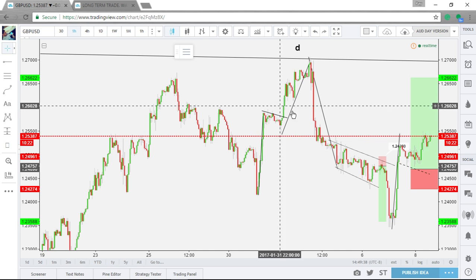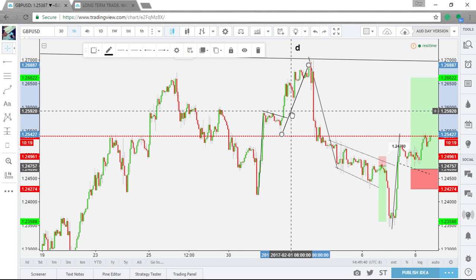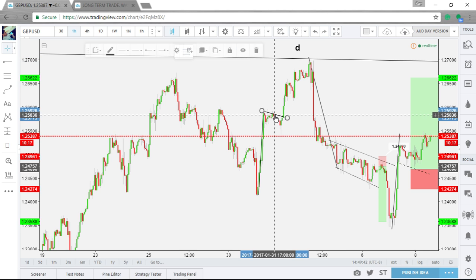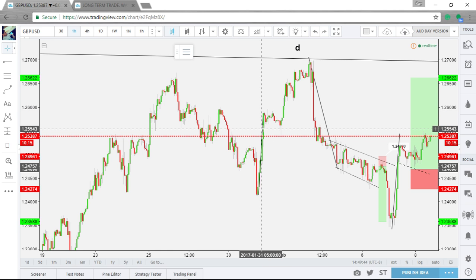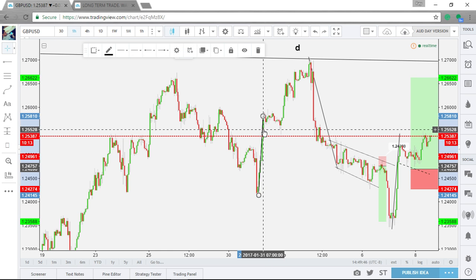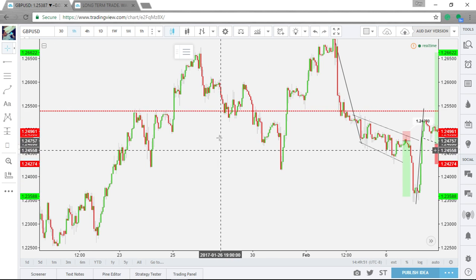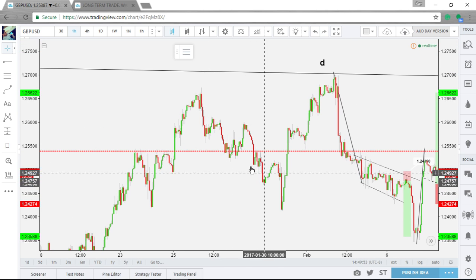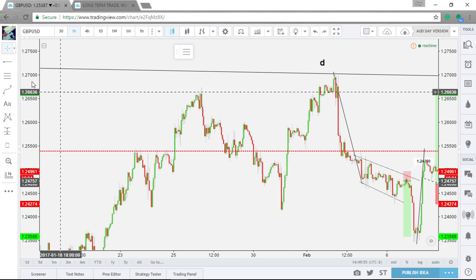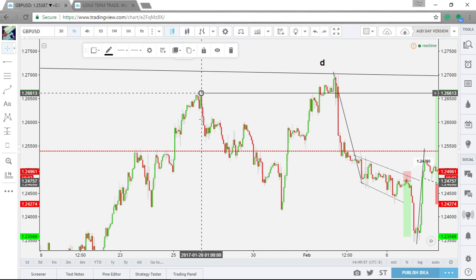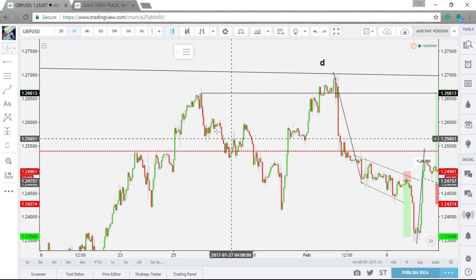Now we're going to take a look at a downside movement again. I'm going to do several examples so you can take a look at this. Now you have to look for an impulse leg. These are daily impulses. So you got yourself an impulse here, and that's great.